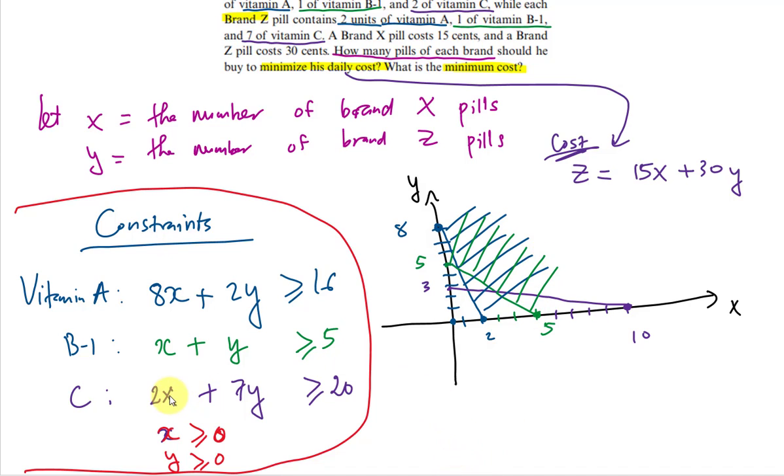And then finally, the last one, again, I'm putting 0 and 0. If I put x, y to be 0 as the origin, then the left-hand side has 0 bigger than or equal to 20, which is not true. So again, I'm shading the opposite direction. Okay. So now you see that we end up with the area up here.